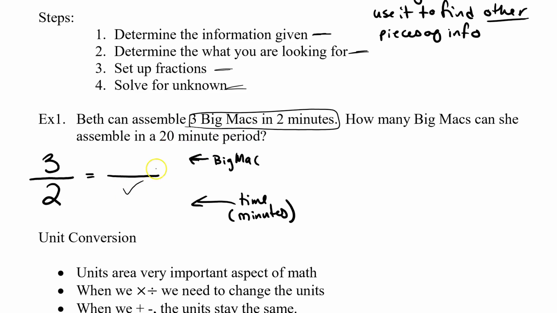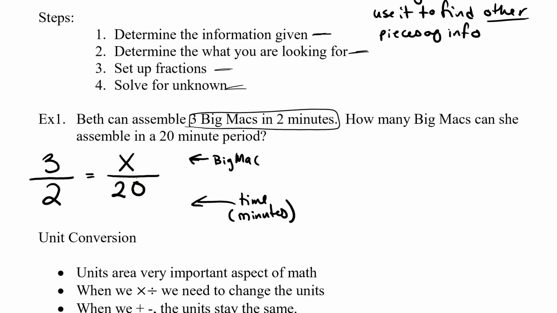How many Big Macs can she assemble in a 20-minute period? That means we've been given the time and we want to figure out how many Big Macs that is equivalent to. So instead of a question mark, mathematicians use x's, but if you prefer to use a question mark, I'm fine with that. And then on the bottom, we know that it's 20 minutes.